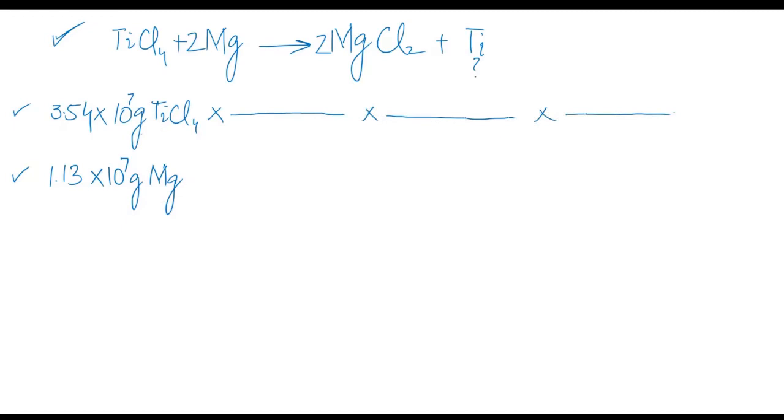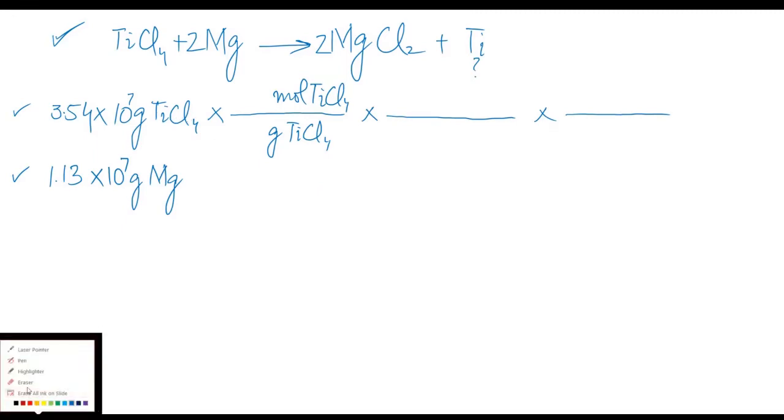Okay, how? Change gram to mole, gram of titanium down and mole of titanium up. Titanium chloride. Okay, now next, here I am going to tell you one trick, very important.